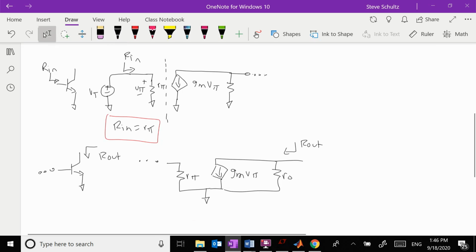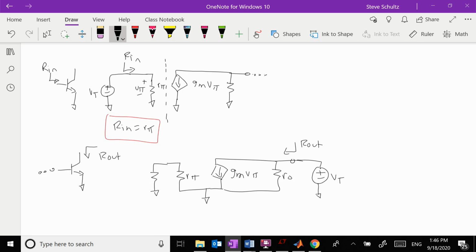I have a dependent current source, so I'm going to put in my test voltage. And over here, I could have other resistors, but there's no voltage sources, because if there was an independent voltage source, those get turned off. So let's just say it's some resistor over here.